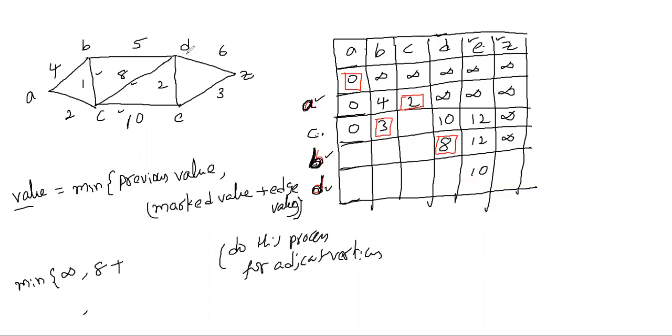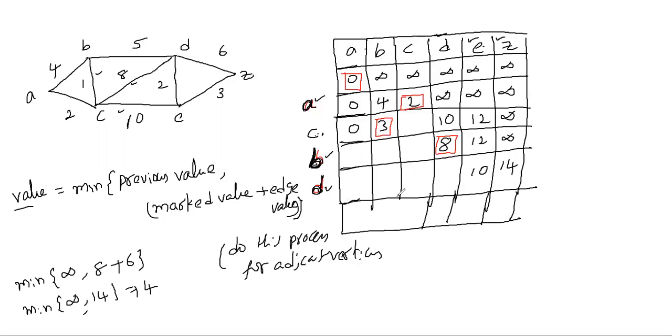D to Z edge value how much? 6. So how much is its value? Minimum of infinity comma 14. So what is its value? 14. So this is 14. So now I increase one more row.